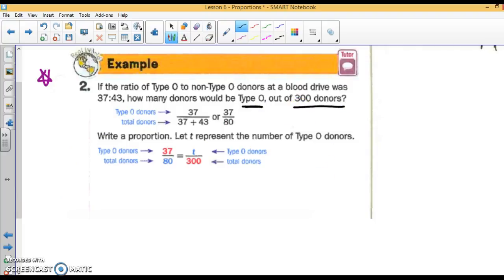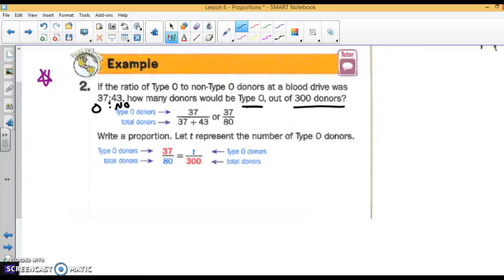This is type O, this is non-type O. Type O is 37. Out of how many is this? 80. So, 37 out of 80 is the same as, we don't know, out of 300. Part over whole equals part over whole. This is to this as this is to this.